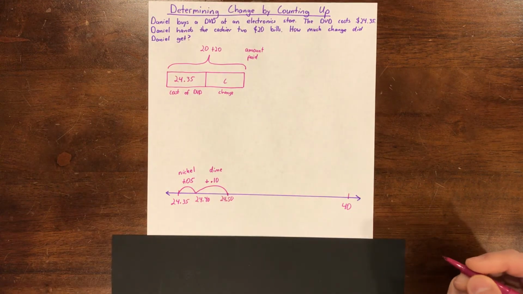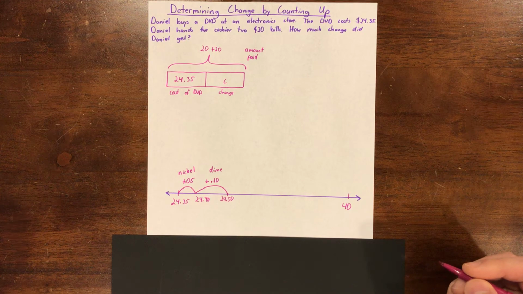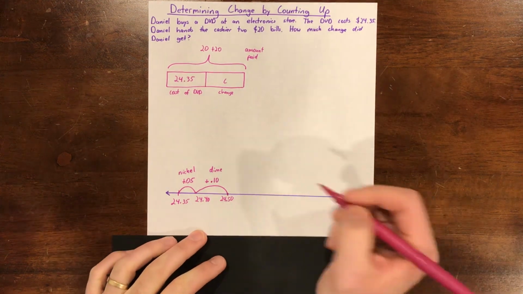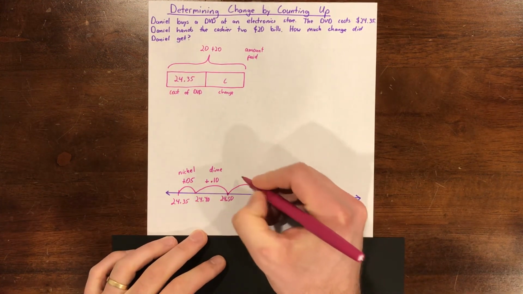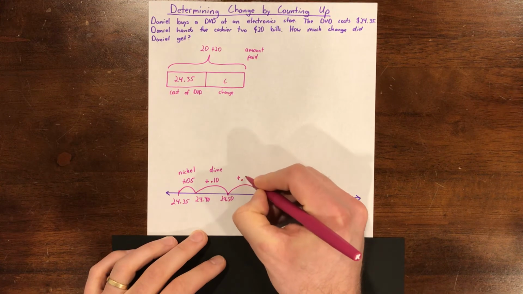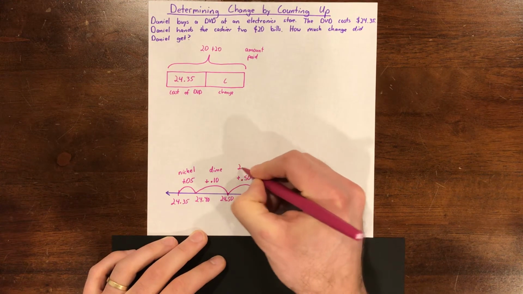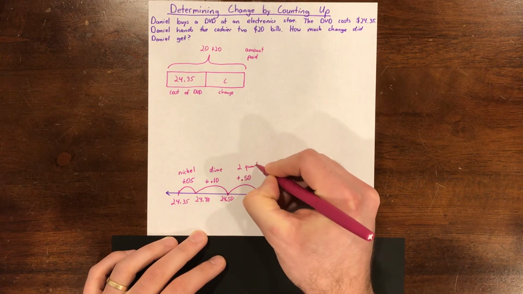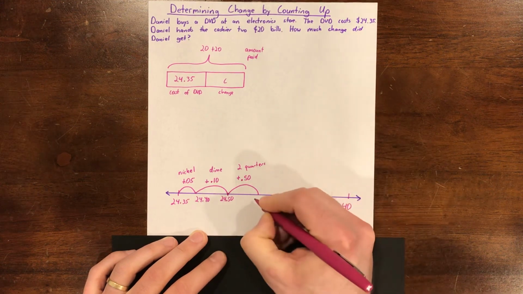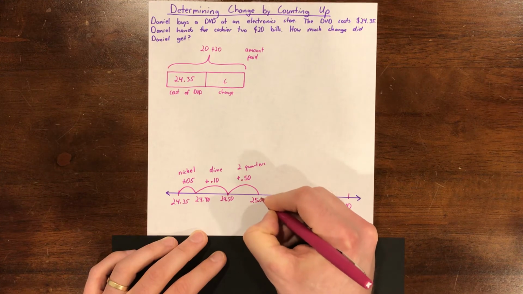Okay, and then what next? Yep, so then we could easily add 50 cents, right, which is 2 quarters. And that's going to take us up to $25, right, and no cents.